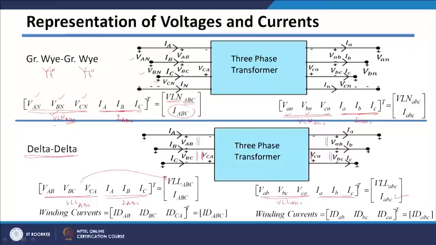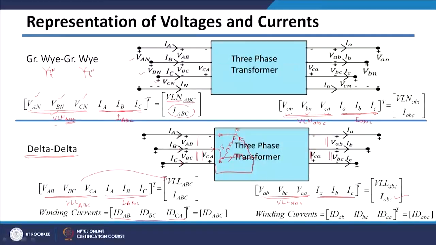Okay. Since this is a delta connected transformer, there will be delta currents, meaning these currents will get divided into the delta windings, which will be like this. So say A phase is connected here, and then this C phase is connected here. So let us say the delta currents are flowing like this.